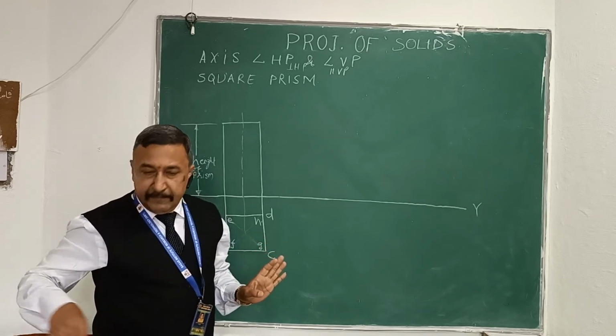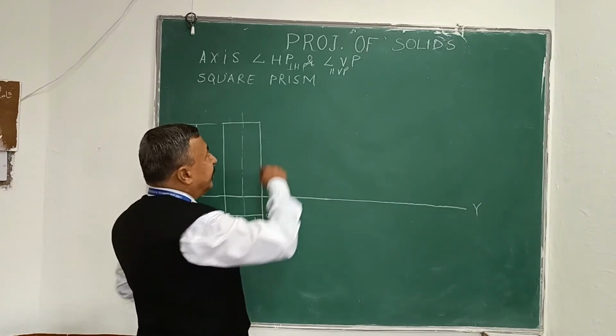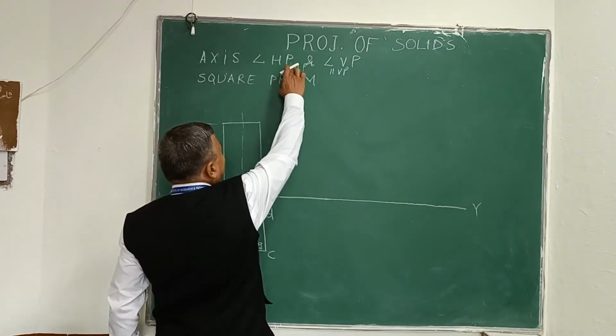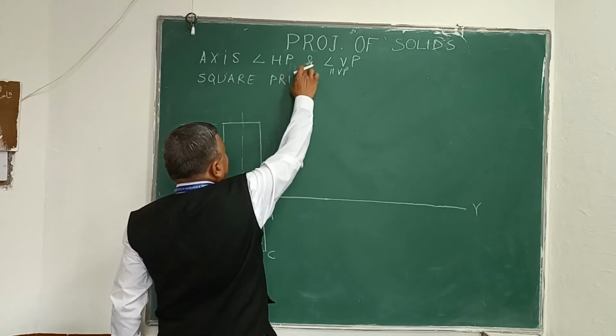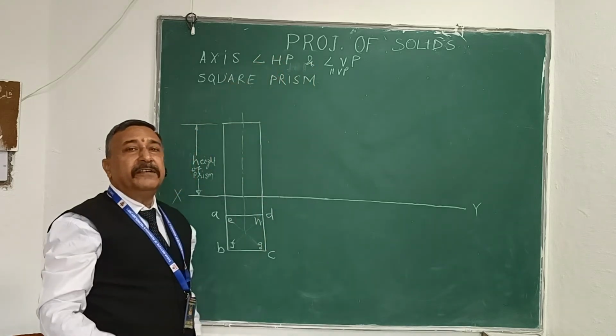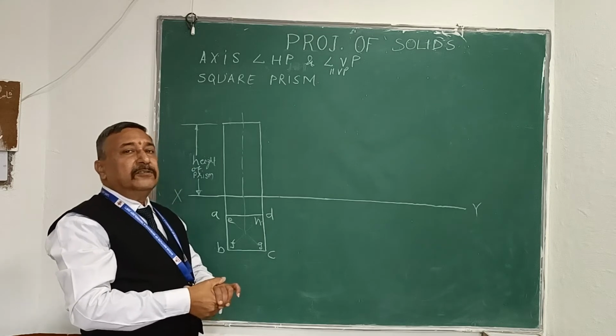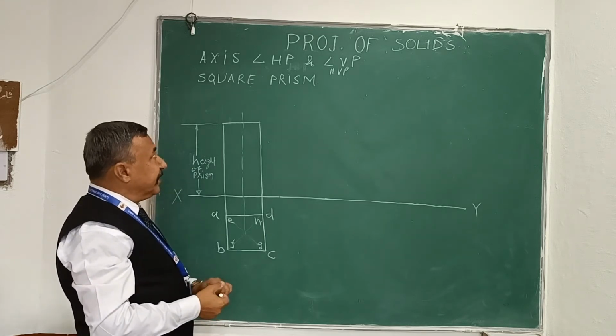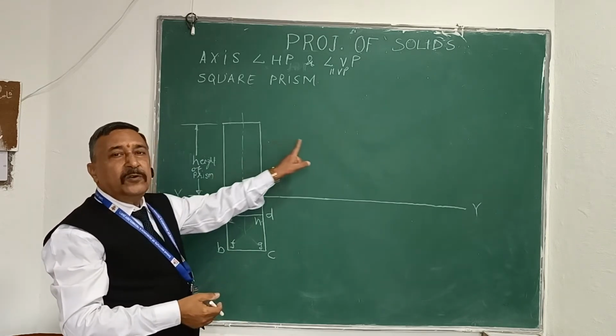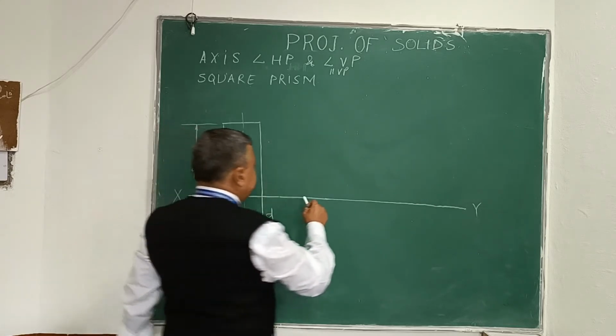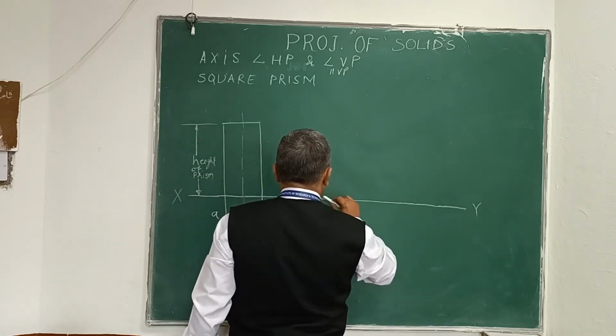Now we make another position, that is axis inclined to HP, whatever the first position given in the question or problem. How do we draw axis inclined to HP?